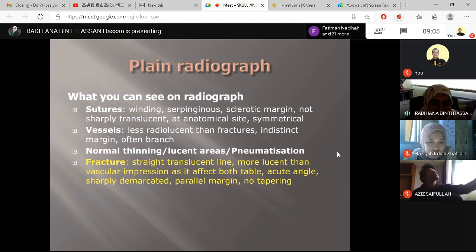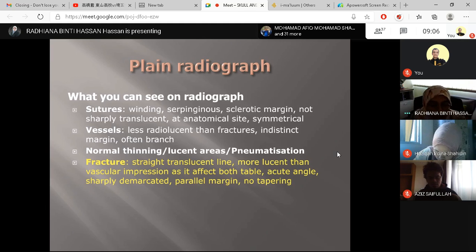Okay, so when we do a skull radiograph, we can actually see many structures. What's important for you is to recognize the sutures, and how normal vessels look on skull radiograph, because these usually will be mistaken for fractures if you are not experienced enough.